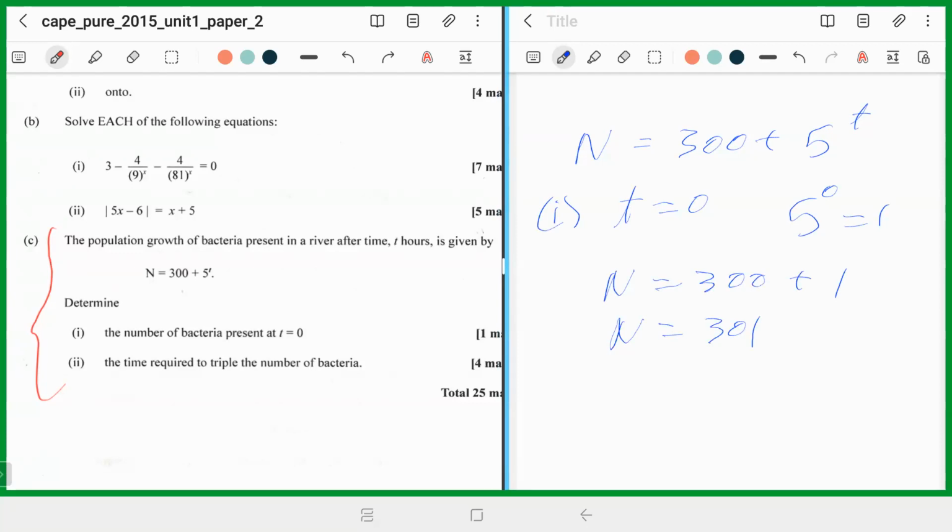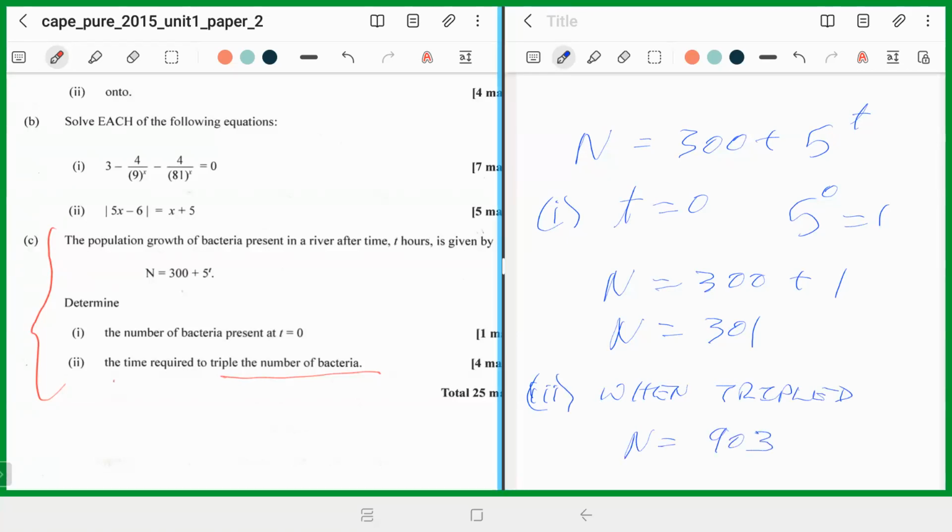Next question. The time required to triple the number of bacteria. The number of bacteria is tripled. How much bacteria do we have? 903. When tripled, N equals 903.